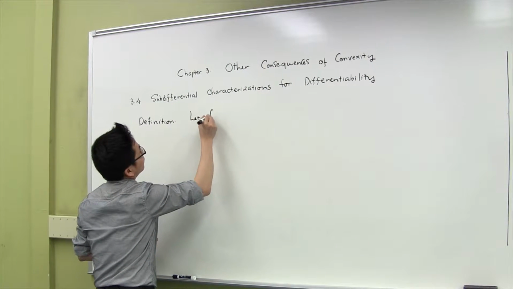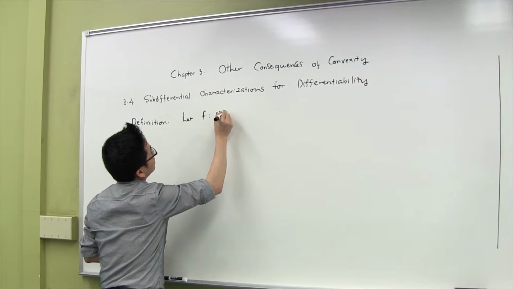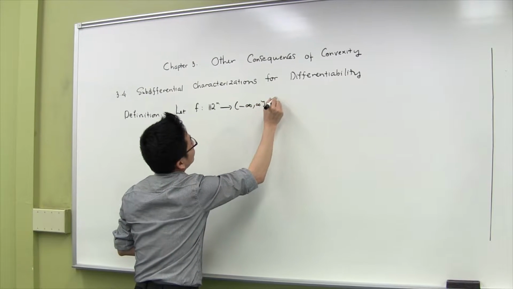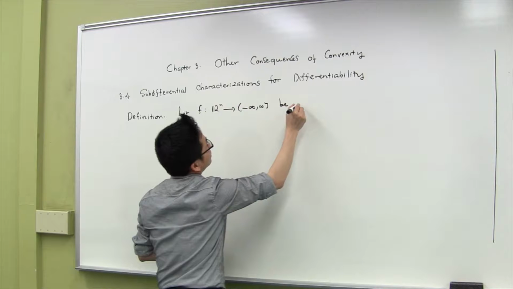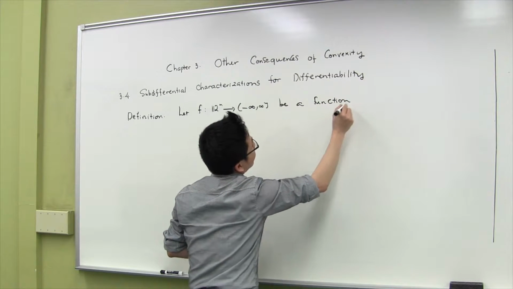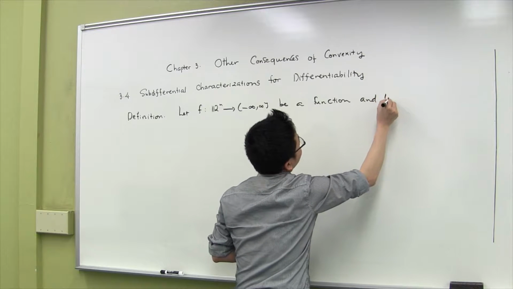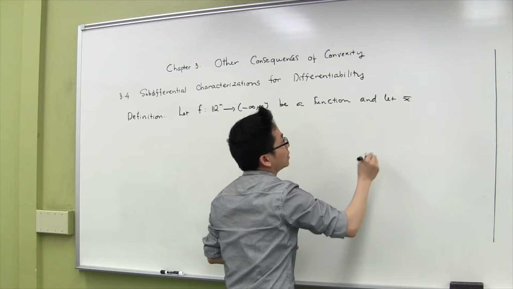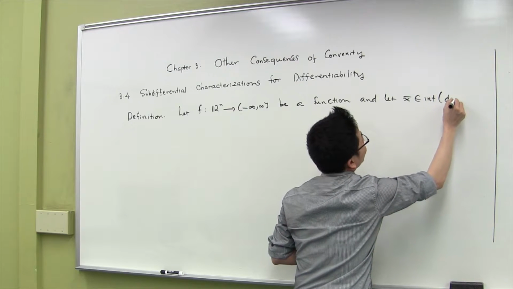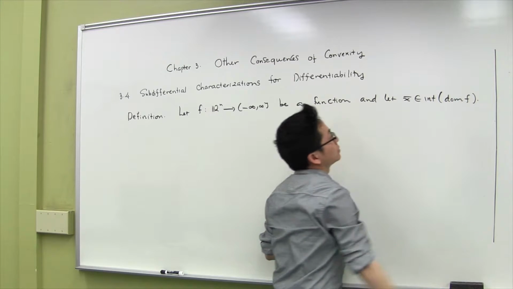Let f from Rn to the extended real line be a function, and let x bar be a point in the interior of the domain of the function.